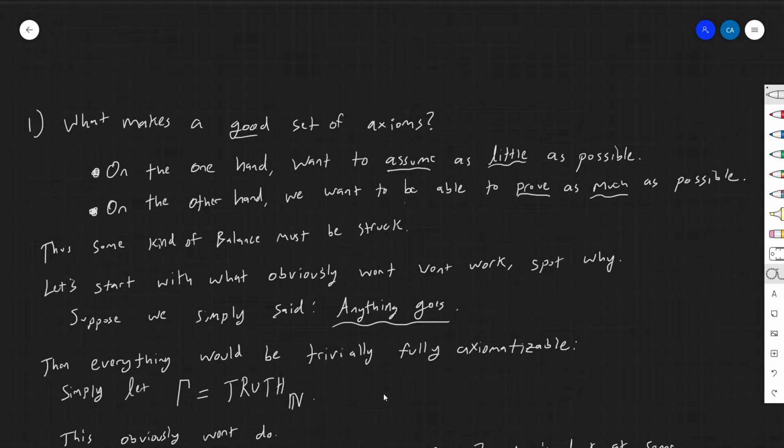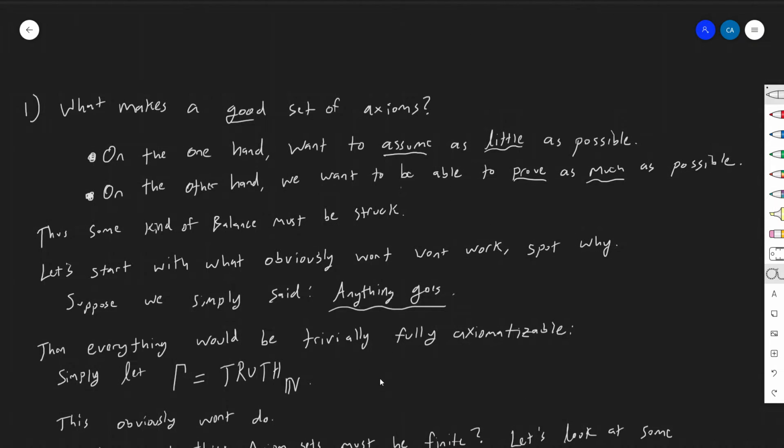That would be absurd. That defeats the whole purpose, right? The whole purpose is to discover truth. So if I allowed every set of axioms, I could just take all the true things as axioms, and then I'd be done. So that shouldn't be allowed.